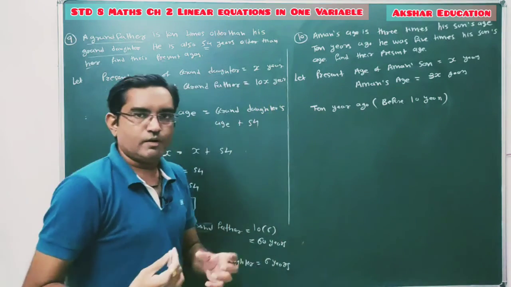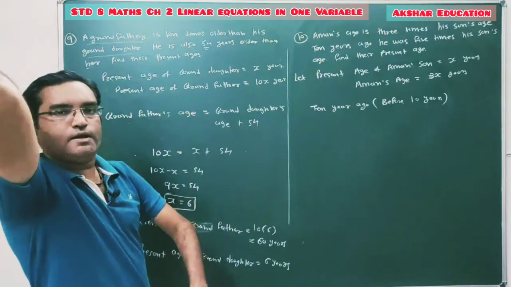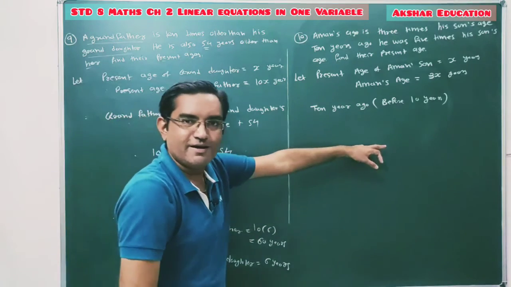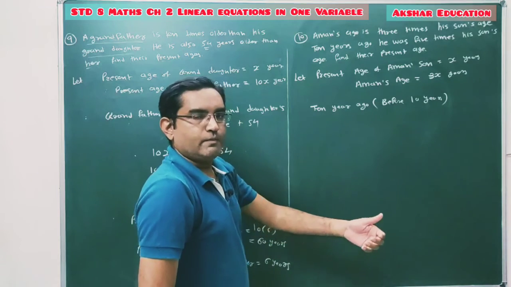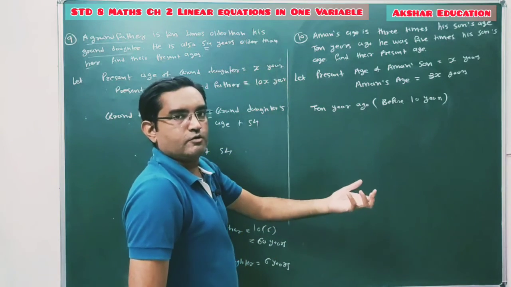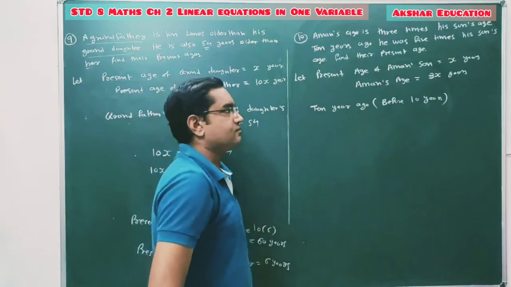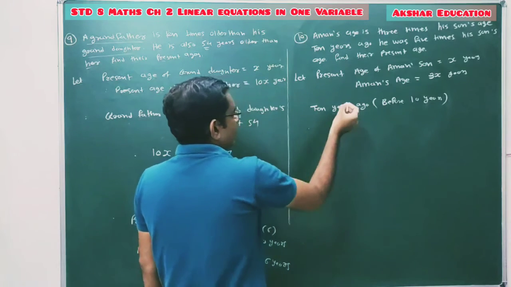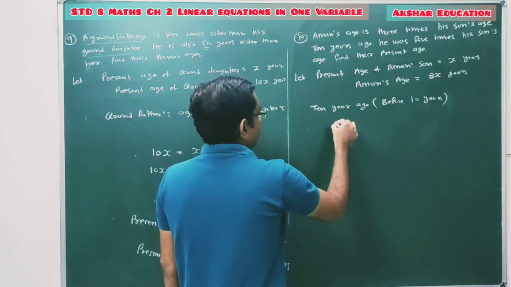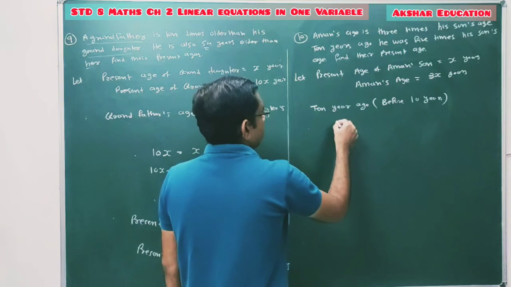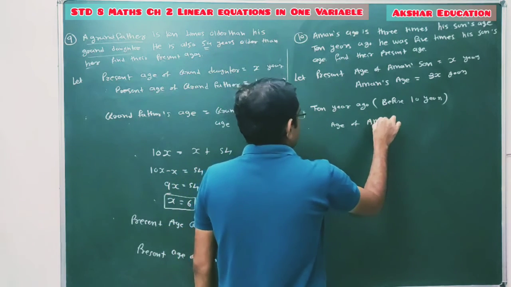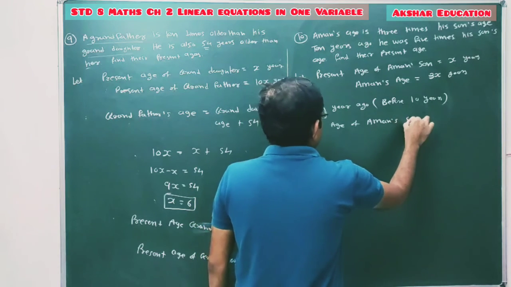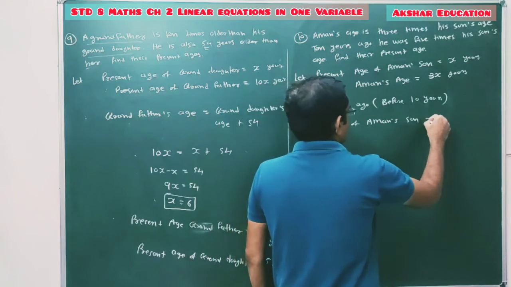Suppose present age of Aman is 40 years. So before 10 years, the age of Aman will be 40 minus 10, 30 years, minus करना पड़ेगा, है ना. पापा भी 10 years छोटे होंगे और जो उसका सन है वो भी 10 years छोटा ही होगा. So here before 10 years we can write the age of Aman's son, सन भी 10 साल छोटा हो जाएगा ना.